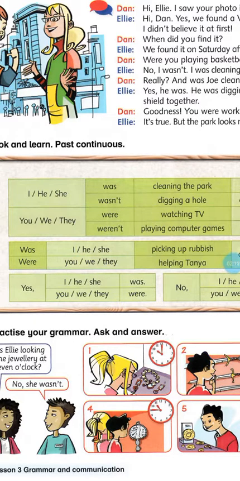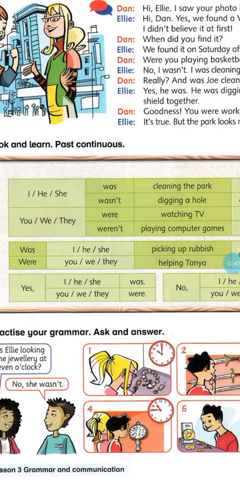For example, you were watching TV, we were playing computer games, they were cleaning the park. This is the affirmative past continuous verb form. Again, the past continuous verb form is was or were plus verb with ing, was with the singular subjects and were with the plural subjects and the pronoun you.